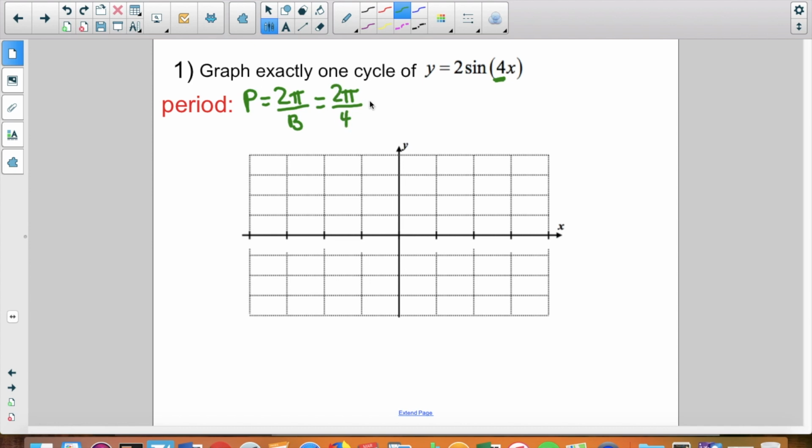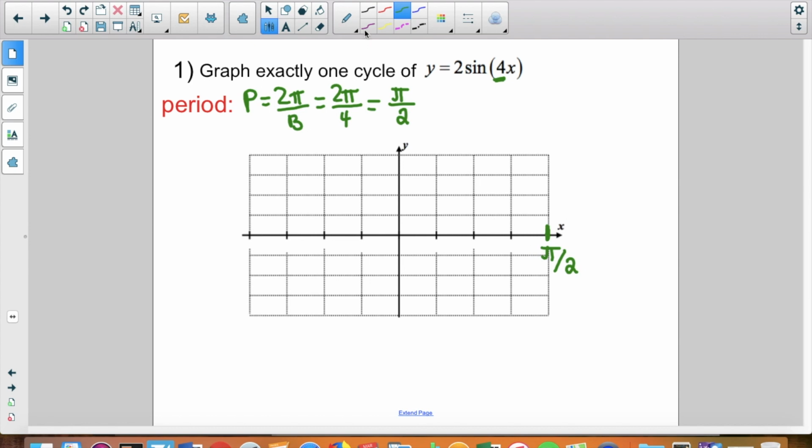We can simplify 2 over 4 a little bit more to pi over 2, or 1 pi over 2. Now, we're going to go 4 boxes from the origin. So 1, 2, 3, 4. This fourth point here, we are going to label it pi over 2. So that is where our graph should end.